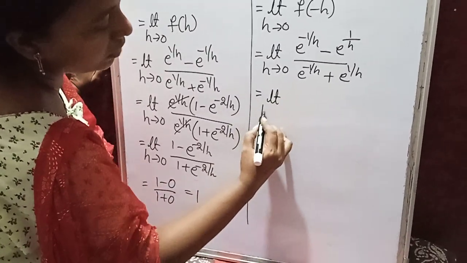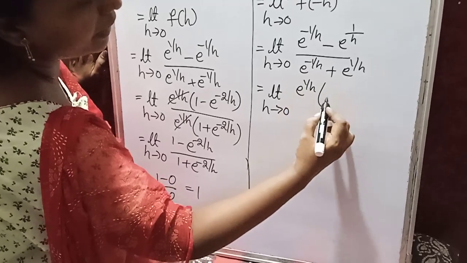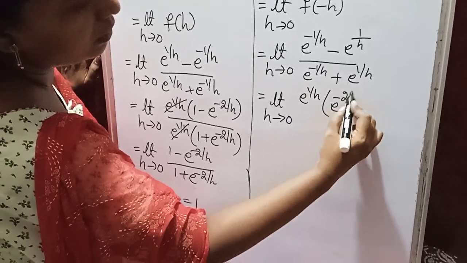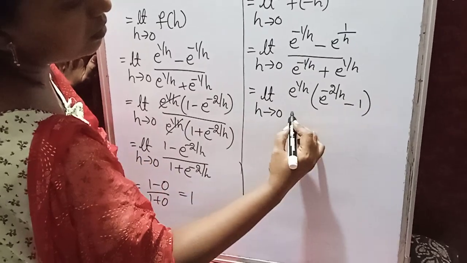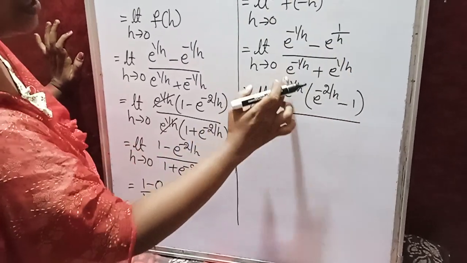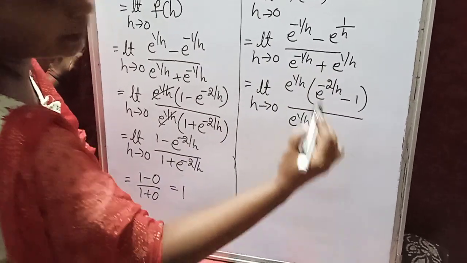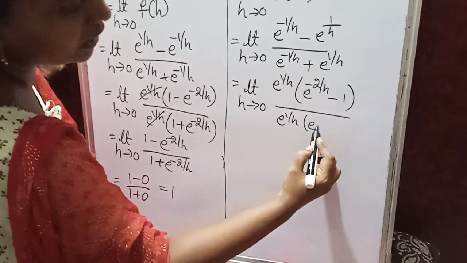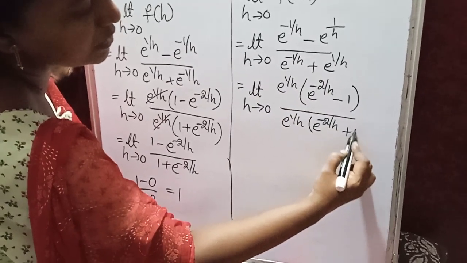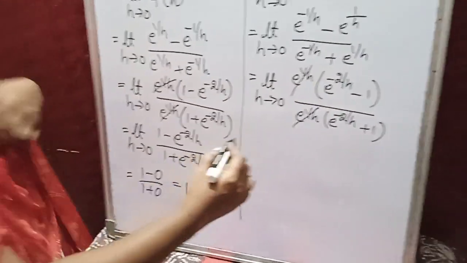Similar to step 1, take e power 1 by h common from both numerator and denominator. So, that will be equal to limit h tends to 0 e power 1 by h common. You will be left with e power minus 2 by h minus 1. Similarly, in denominator also you take e power 1 by h as common. Then you will be left with e power minus 2 by h plus 1. E power 1 by h, e power 1 by h gets cancelled.